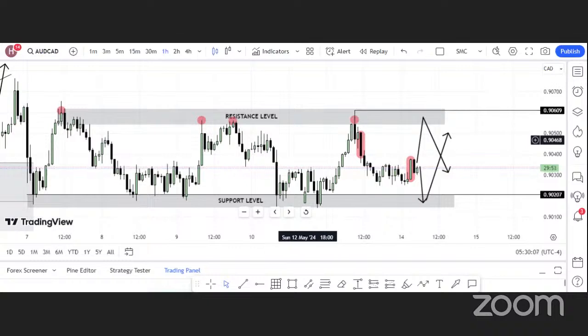Okay, the current part. D1 dollar, let me know if it's the resistance and the support level you don't understand.